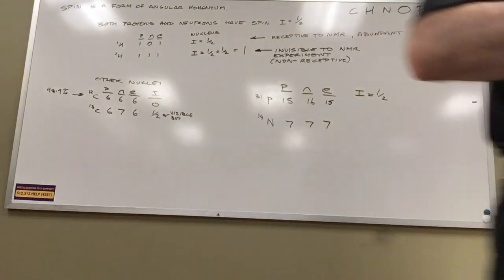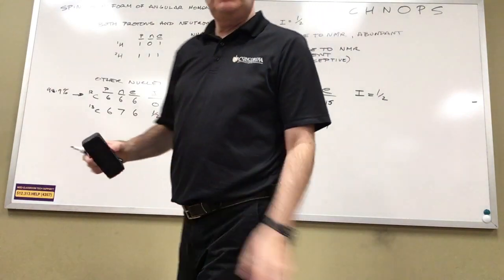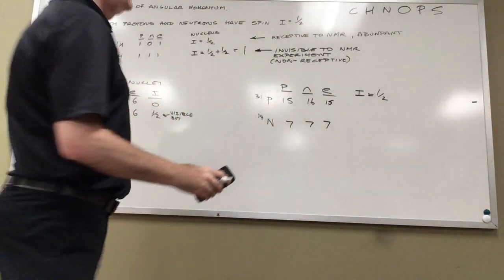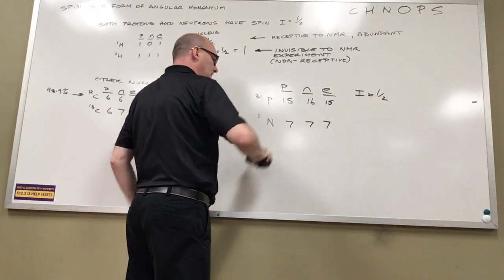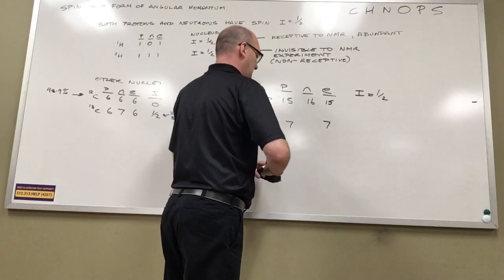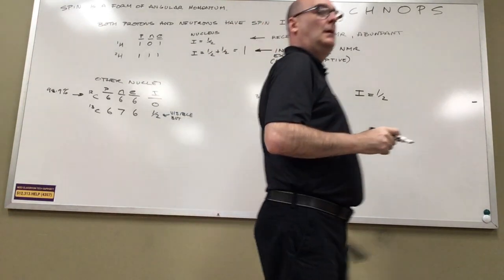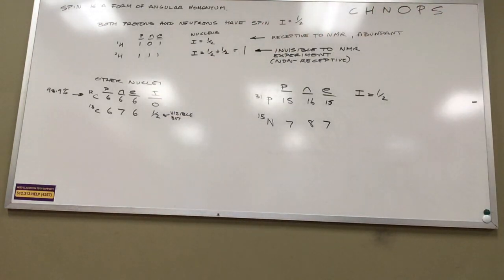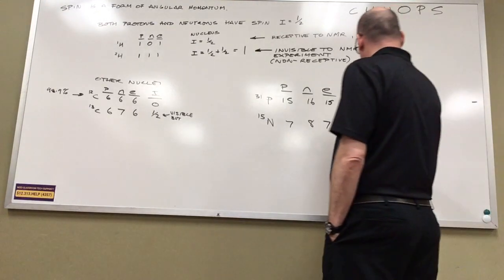So I'm not looking for the even mass numbers, I'm looking for the odd mass numbers. If I click that up to 15, nitrogen 15, you can do the NMR of nitrogen 15. So do we just have to always use an isotope? Yes. Nitrogen 15 is spin half.